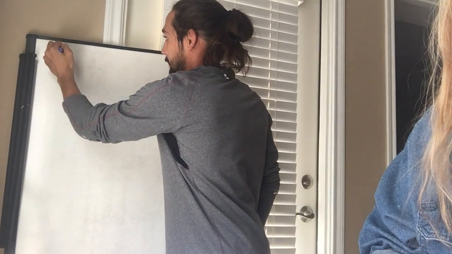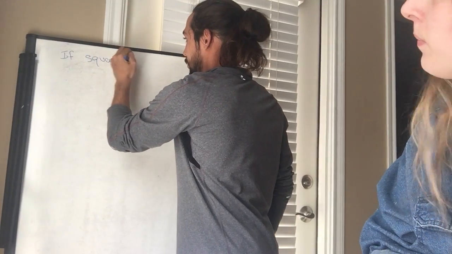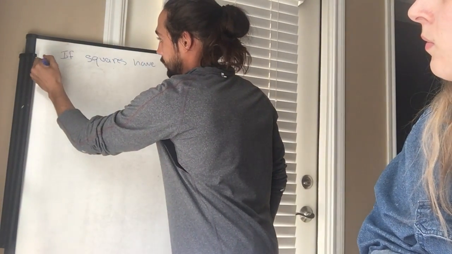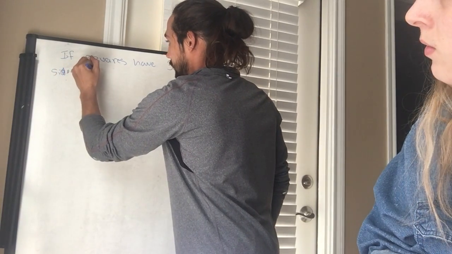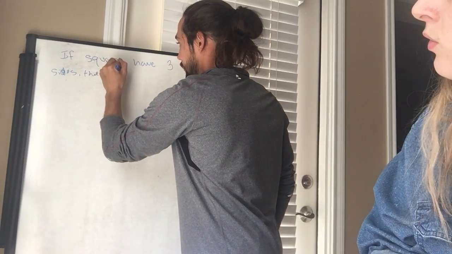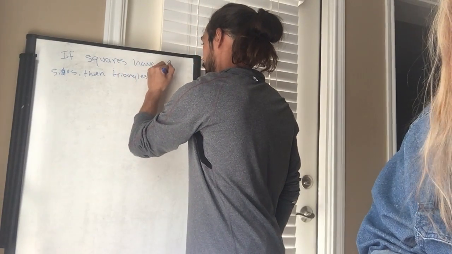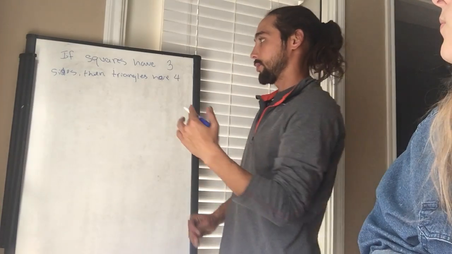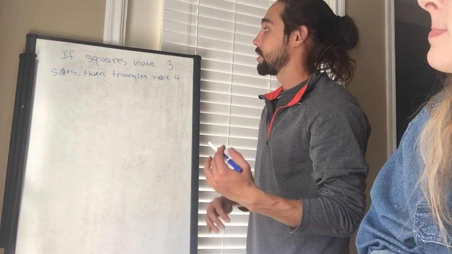If squares have 3 sides, then triangles have 4. Squares have 3 sides. Then triangles have 4.